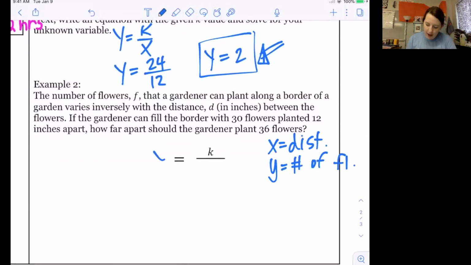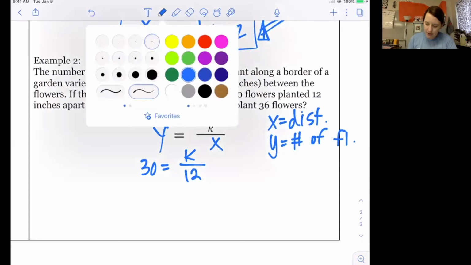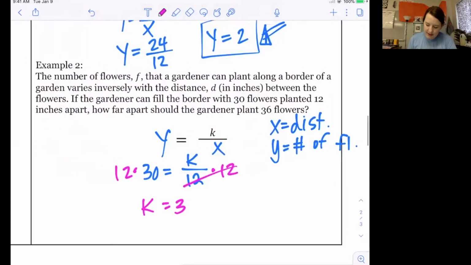Okay, so we have Y equals K over X. So number of flowers, 30, equals K over X, which is distance, 12. So in order to solve for K, I'm going to multiply both sides by 12. And we find out that K equals 360.